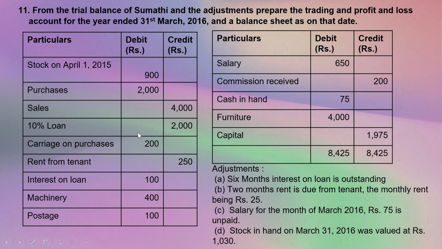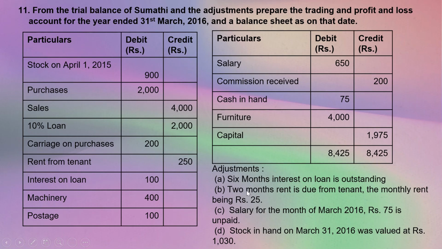We have to pay the loan interest, but they have paid only half. That is for 1 year, 200 rupees is the interest, but they have paid only 6 months interest on loan. So the remaining 6 months interest on loan is outstanding.